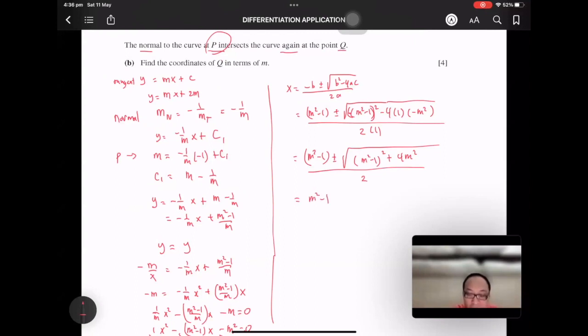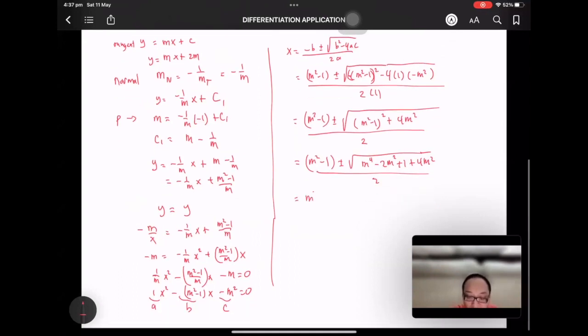So m squared minus 1 plus or minus the root of, I expand, m to the 4 minus 2m squared plus 1 plus 4m squared, over 2. So I have m squared minus 1 plus or minus root of m to the 4 plus 2m squared plus 1, over 2. So I can factorize this or rewrite this as m squared plus 1 squared.